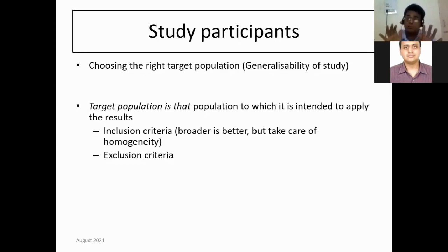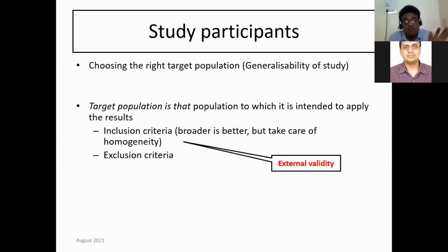And it is also important to understand that the broader the inclusion criteria, the better the homogeneity, right? But take care of the homogeneity, though it is very important that the broader the inclusion criteria, the better the external validity of that particular study.